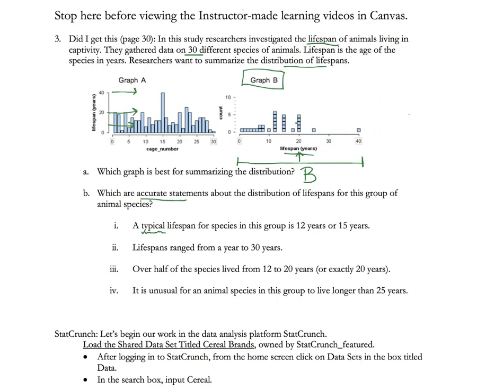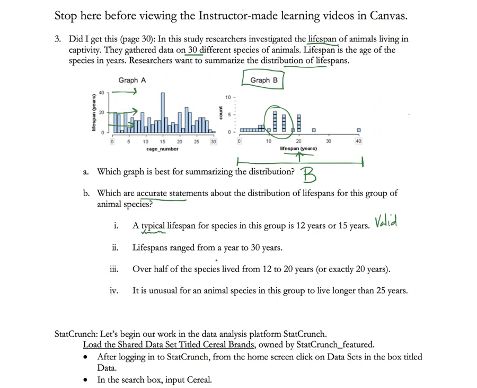So a central value is going to be somewhere over here, to the left of center, where that larger proportion of data is found. So that makes this statement valid. Where is a lot of this data? Well, this tall bar is around 12, this tall bar is around 15. So that's how we get to this statement, that a typical lifespan is 12 or 15 years.